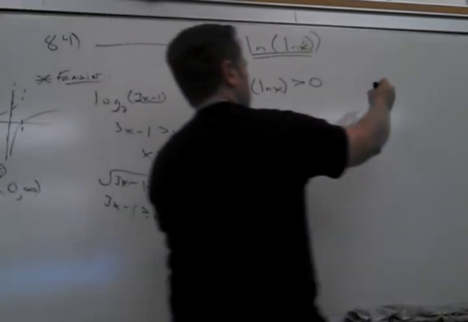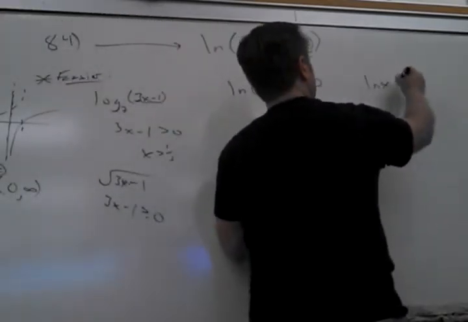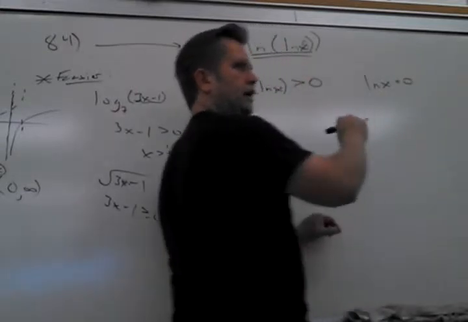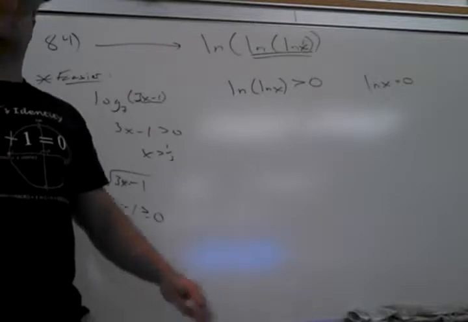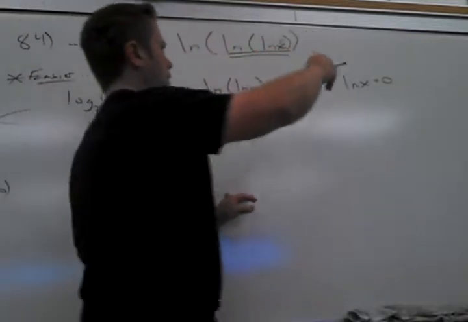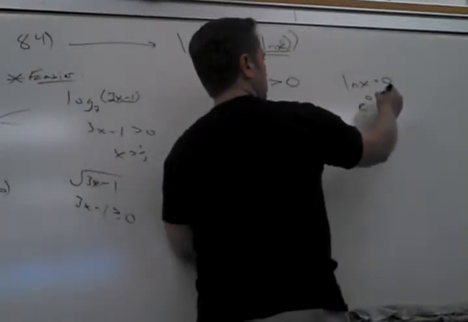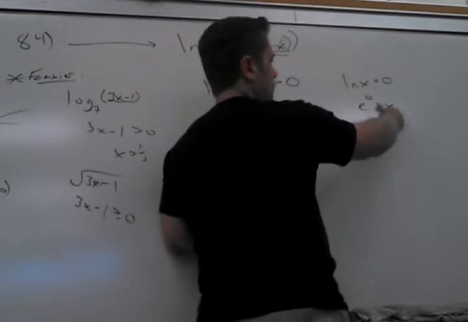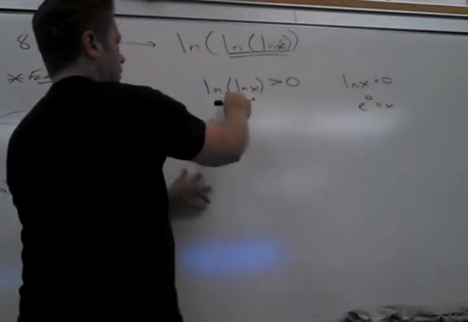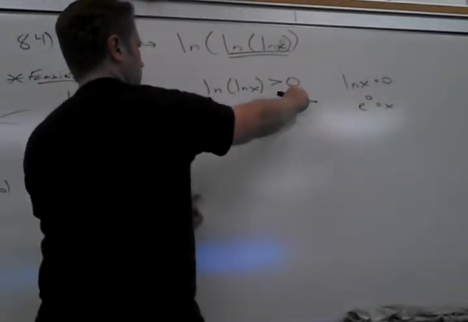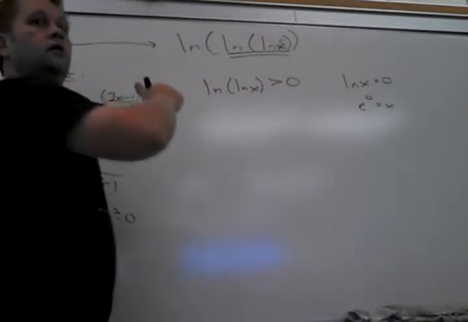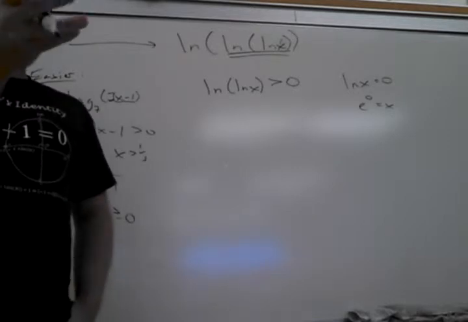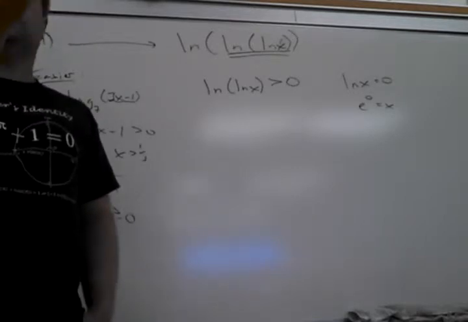If this was this, how could I rewrite that in exponential form? The base is e to the 0 equals x. So it'll be 1. So I can do the same thing here. e to the 0. Why e? What's the base of ln? e. Yeah.